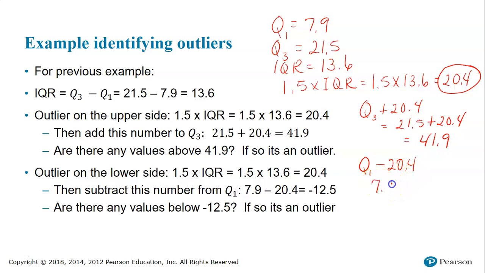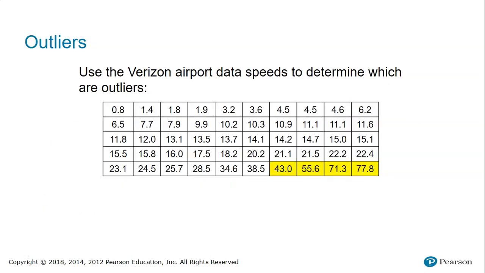So 7.9 minus 20.4 gives me negative 12.5. Anything lower than negative 12.5 is going to be considered an outlier. So we want to look at our data set and see if we have any values larger than 41.9 or smaller than negative 12.5.